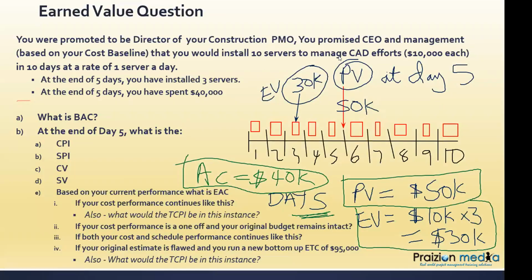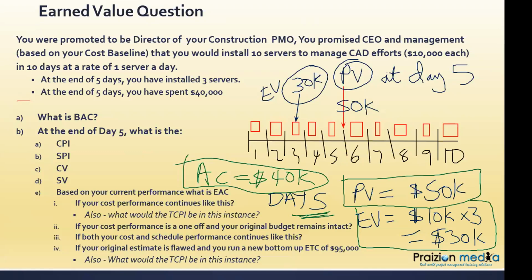The next problem is what we really need to hone in on, because this is where it gets into EAC territory. So we know our AC, just keep those numbers handy. Okay, AC is 40, PV is 50, EV is 30.